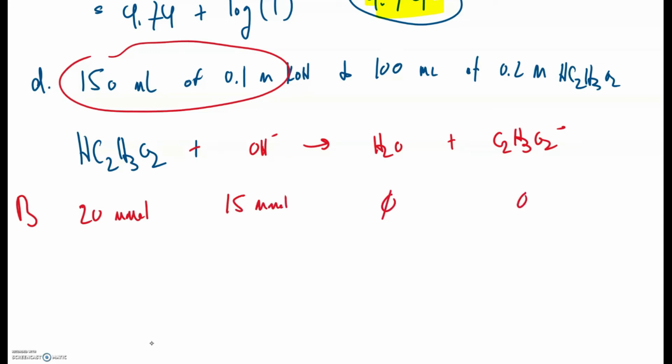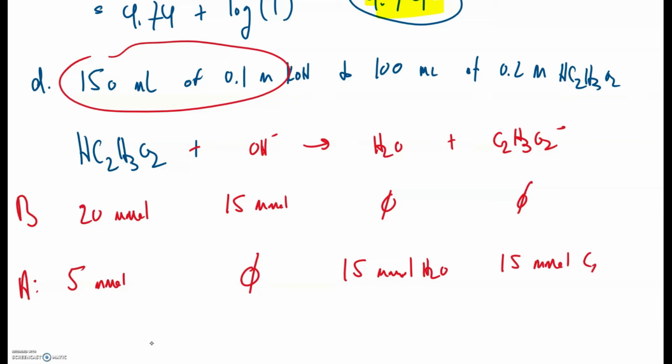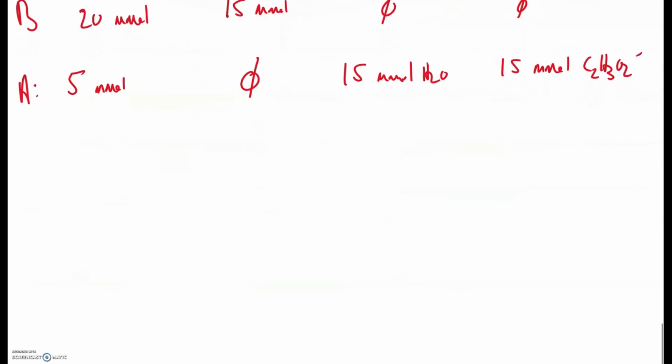And before the reaction, those are both 0. After the reaction, this 15 will have neutralized 15 millimoles of our acid and left 5. This will be 0. We will have made 15 millimoles of water, and we'll have also made 15 millimoles of acetate.